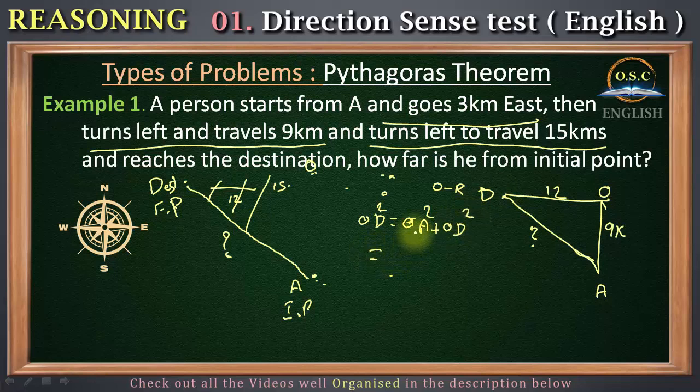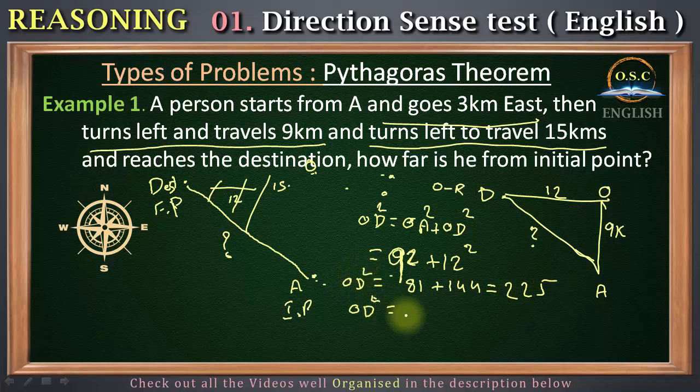That is 9 square plus 12 square, that is equal to 81 plus 144, that is going to give us 225. Then OD square is 225, so OD has to be root of 225. So OD is 15 kilometers.